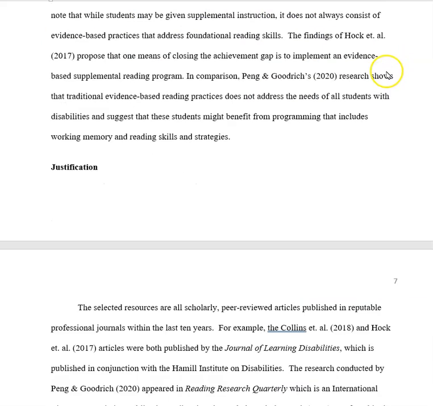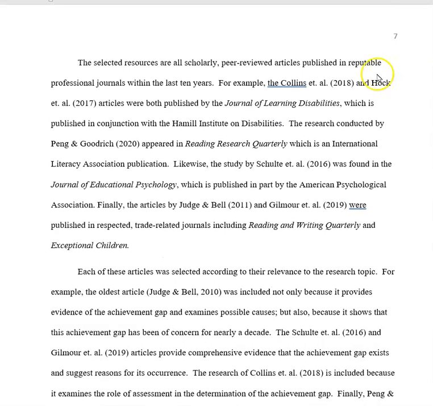And moving on to the final section, justification. This is where you're going to prove to your reader that the authors come from universities or other think tanks that are recognized. They are published in a journal, not just the journal author. Now don't just put the name and nothing else, because what's important is not that they were in the Journal of Learning Disabilities, because we already knew that, we saw it in your reference, but that the Journal of Learning Disabilities was published in conjunction with the Hamill Institute on Disabilities.